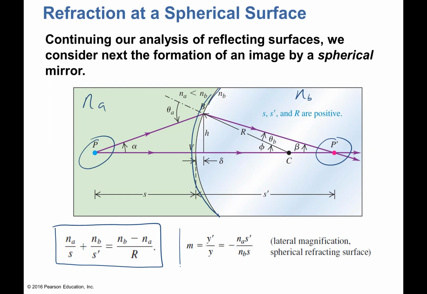And then the magnification equation: one ratio, y prime over y, stays the same, but the other ratio, the distances, is again a little bit modified to take into account the index of refraction. That means magnification is equal to negative index of refraction of A times s prime over index of refraction B times the object distance. So it's modified a little bit.